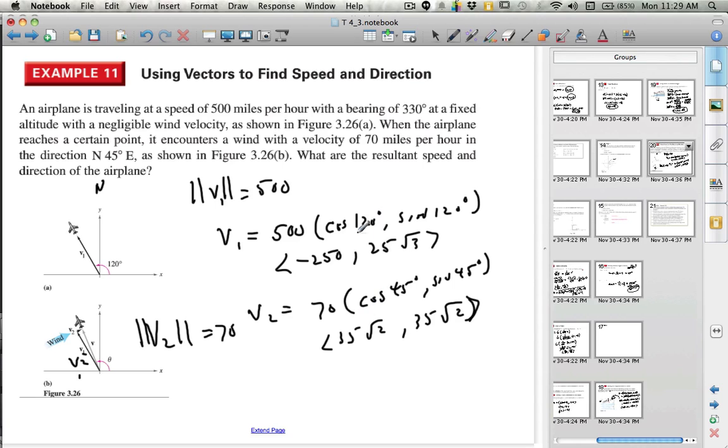Then if I want to combine the vectors, my new vector, combining the two, can be found by adding them together. And remember, when I add my vectors, v1 plus v2, I'm going to add their component elements. So that's going to be negative 200.5. And converting these into decimals and adding them together, I'm going to get 482.5.